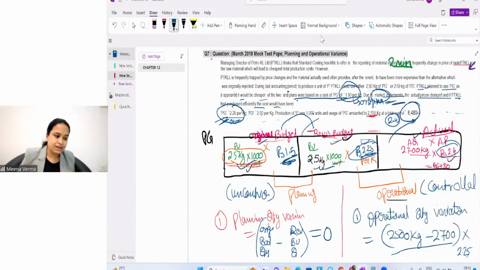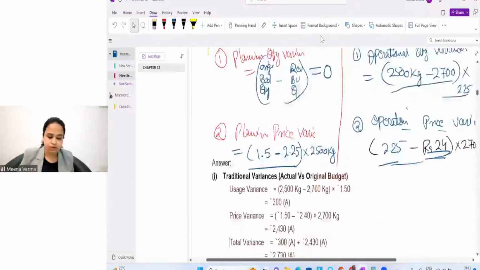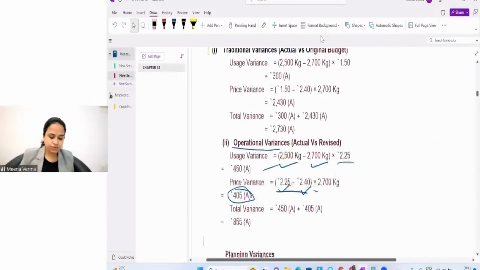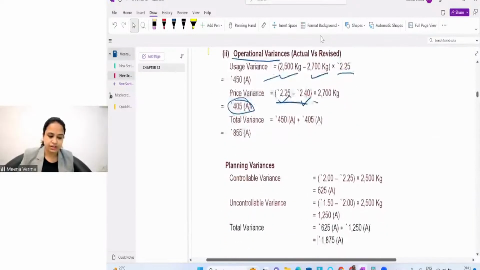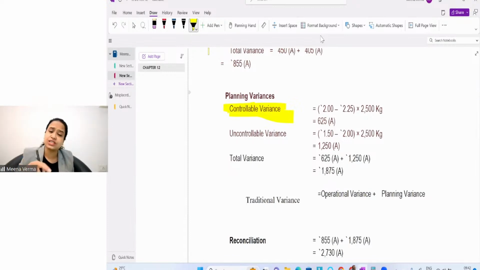So the planning level is uncontrollable, right? This is something you can control. Here they have calculated the controllable variations and uncontrollable variations also. Now, what are controllable variations? Controllable variation is within the control of the management, right?